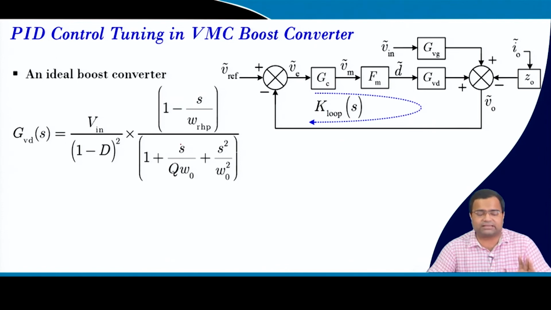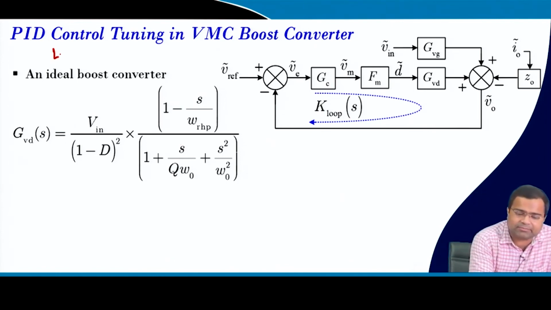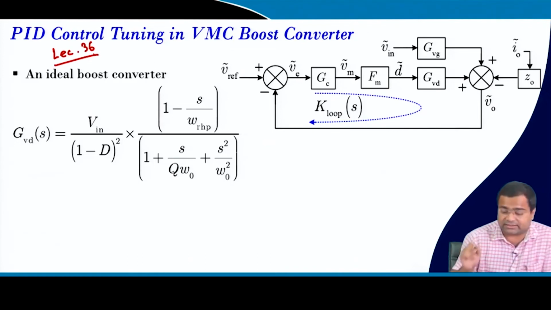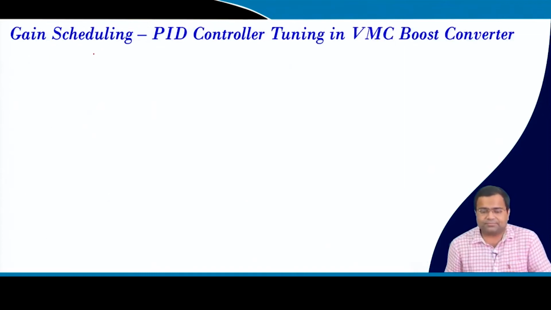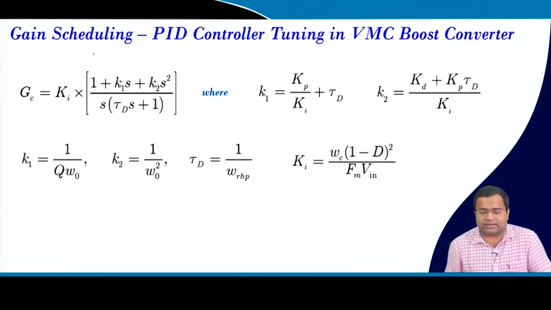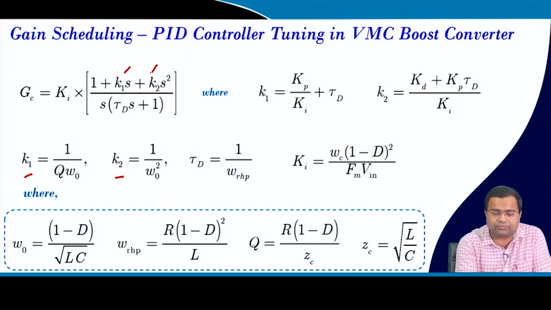We know how to derive the gains, and we have discussed in lecture number, I think 36, in detail the different parameters of the open loop plant. Then for the PID controller design, what will be the optimal PID gains, K1, K2, these are here K1, K2.